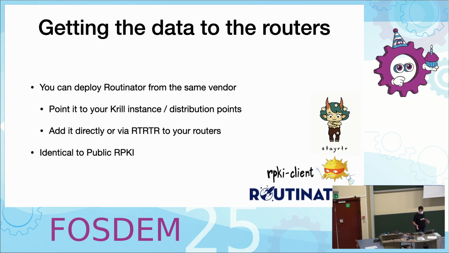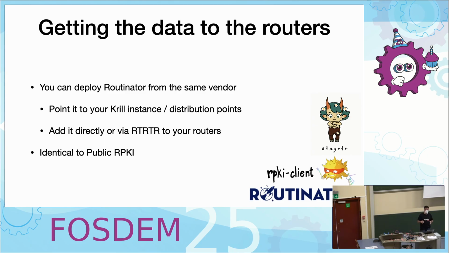And then you have to get the data into your routers. This is the same way you do RPKI for your public internet stuff. You have to do it internally as well. You have two options here. The first one is you can run two instances. Like, for example, Routinator is the easiest software. You run one instance for the public internet stuff, and you run another instance for your internal RPKI.